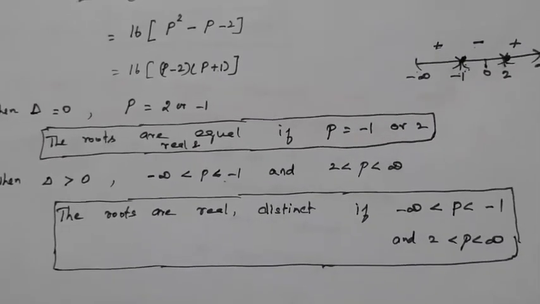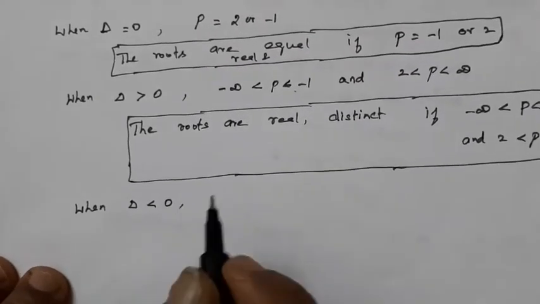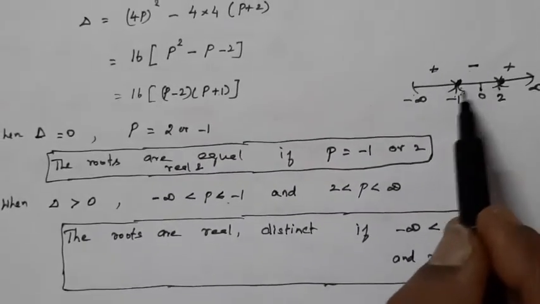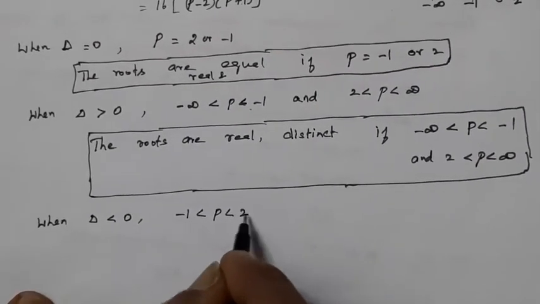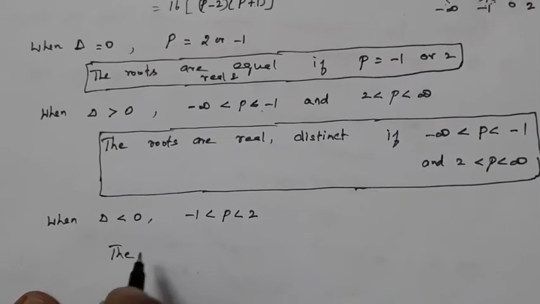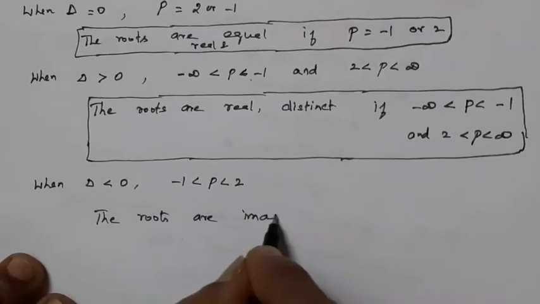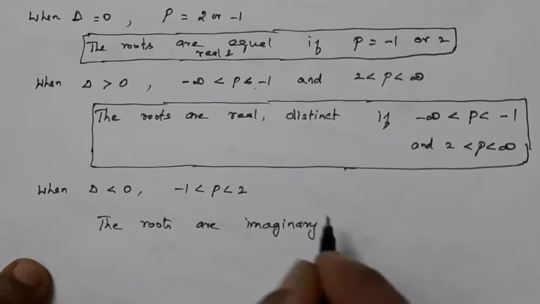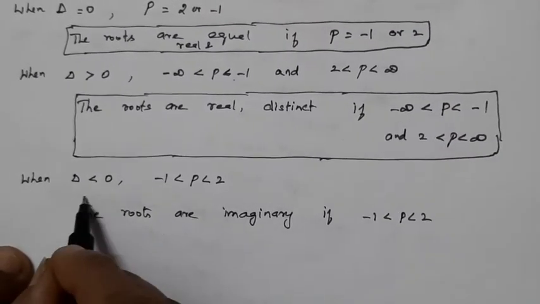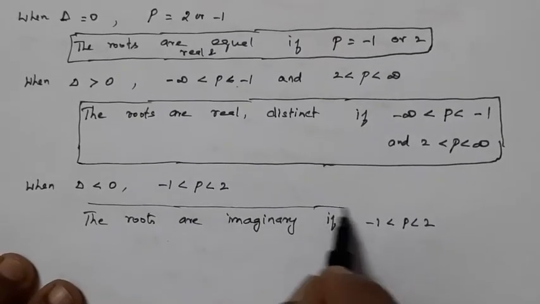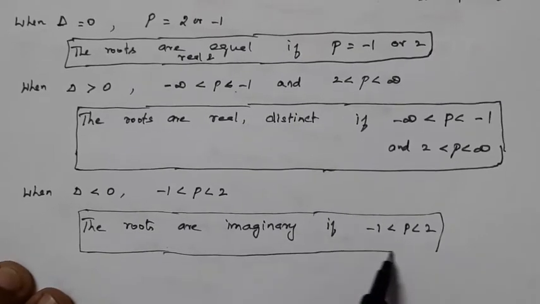And then when delta is less than 0, p should take a value between minus 1 and 2. So minus 1 less than p less than 2. Okay, so the roots are imaginary if minus 1 less than p less than 2. So this is the condition for the nature of the roots in terms of p.